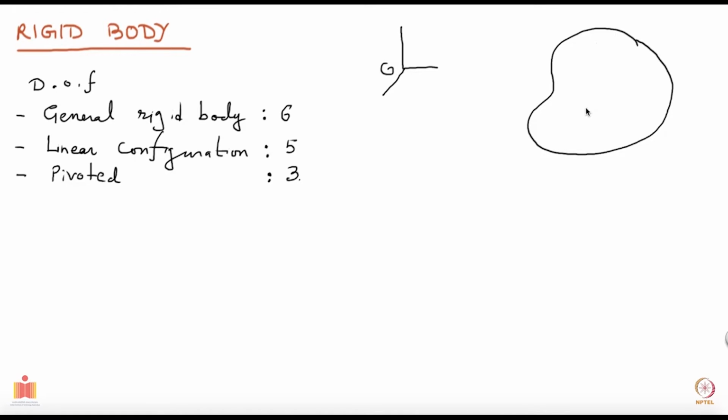And think of any 2 points in here. Let's say I call this point P, that point Q. And let's say the vector which connects the points P and Q, this vector I want to call vector R.